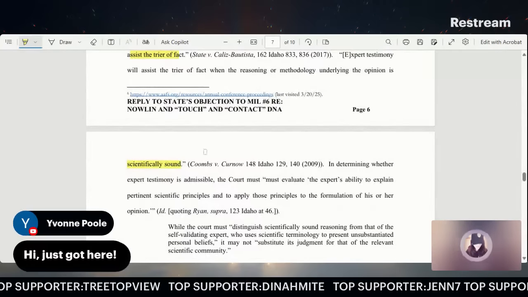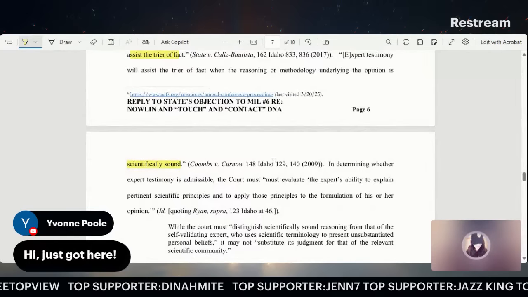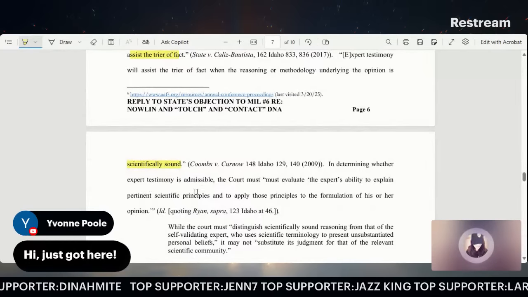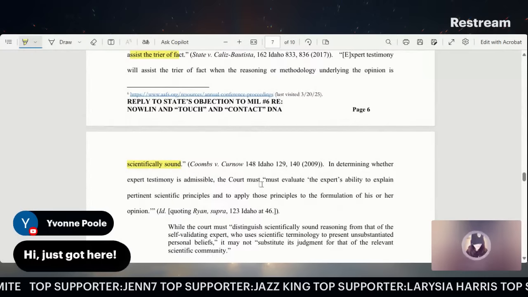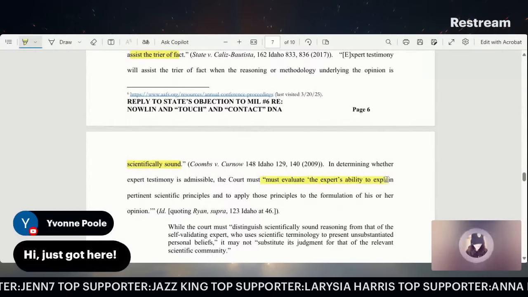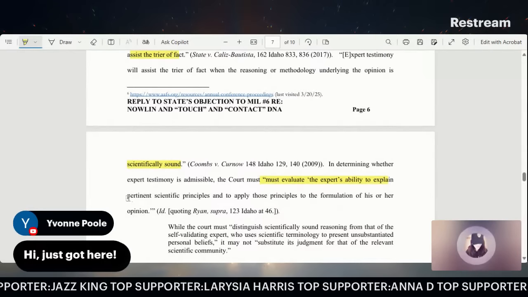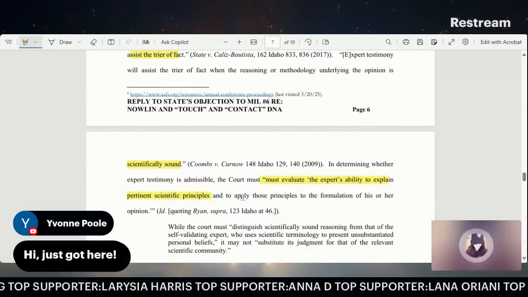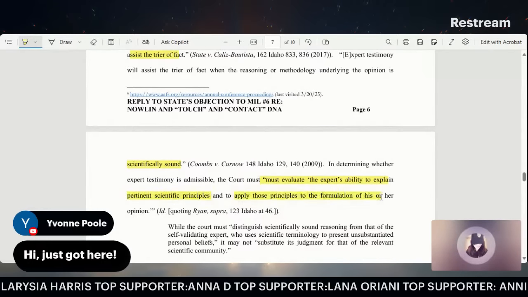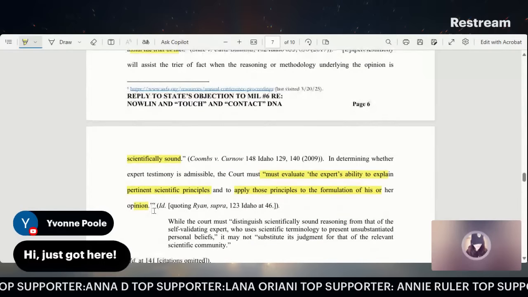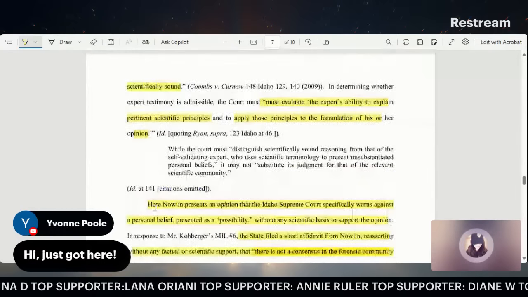Expert testimony will assist the trier of fact when the reasoning or methodology underlying the opinion is scientifically sound. In determining whether expert testimony is admissible, the court, quote, must evaluate the expert's ability to explain pertinent scientific principles and to apply those principles to the formulation of his or her opinion, end quote.